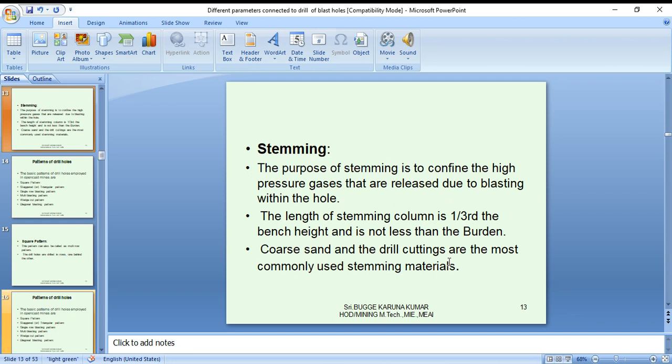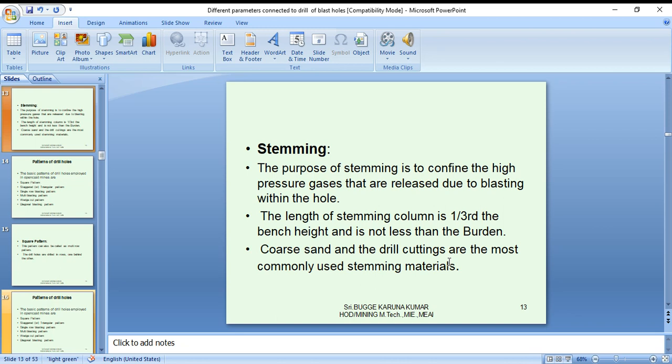Stemming. The purpose of stemming is to contain the high pressure gases that are released due to the blasting within the hole. The length of the stemming column is one third of the bench height and is not less than the burden. Coarse sand and other drill cuttings are the most commonly used stemming material.